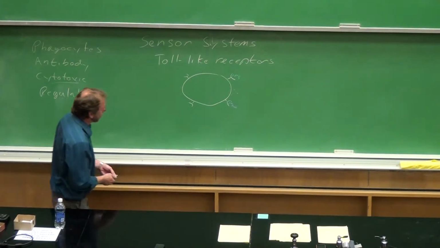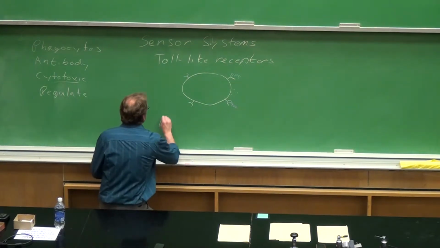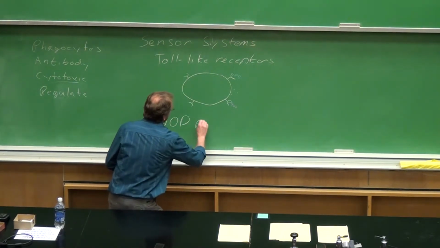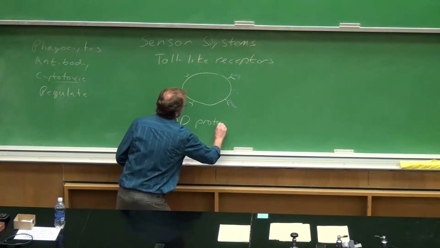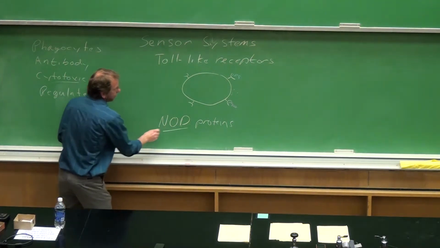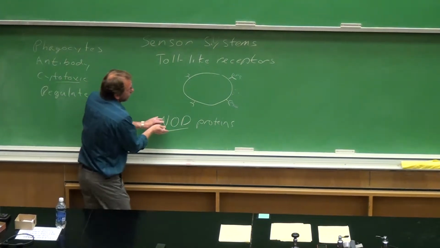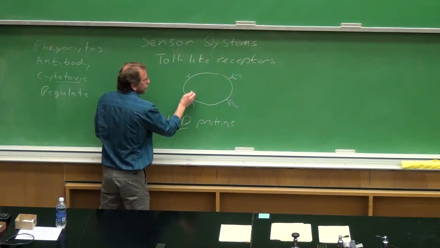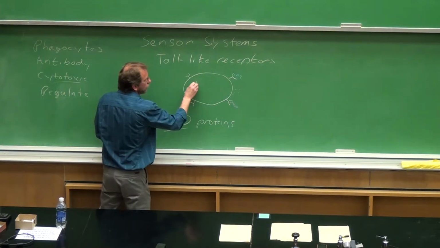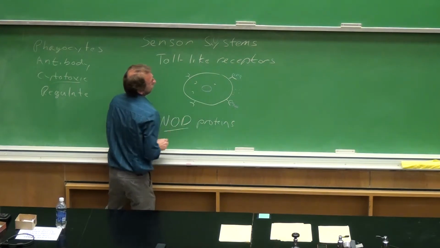In addition to toll-like receptors on the surface, there are also receptors inside called NOD proteins. I won't get into what NOD stands for because we don't really need to know that. But they're much like toll-like receptors in that they're proteins, if you will, inside the cell. I should put a nucleus here.